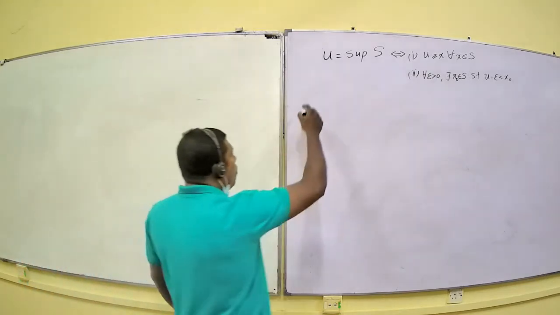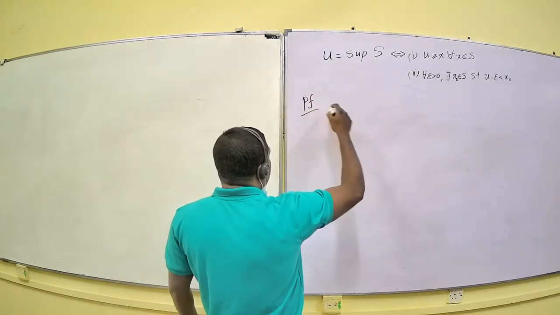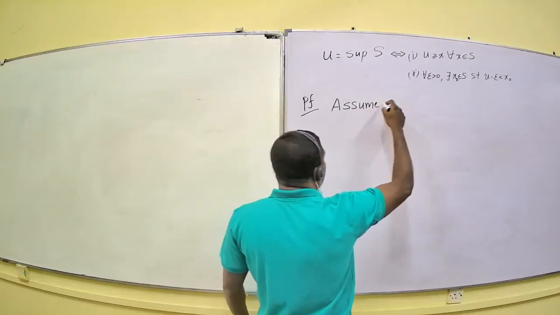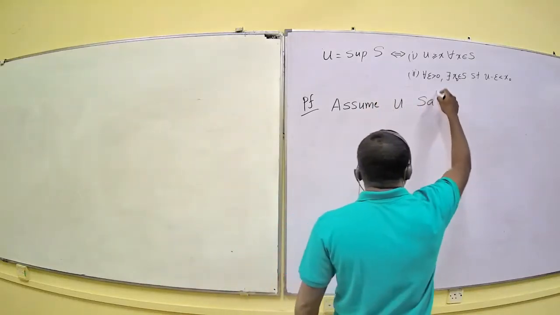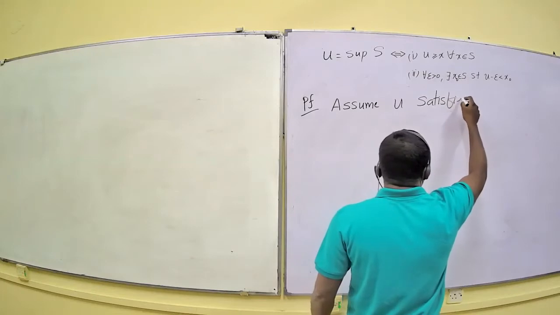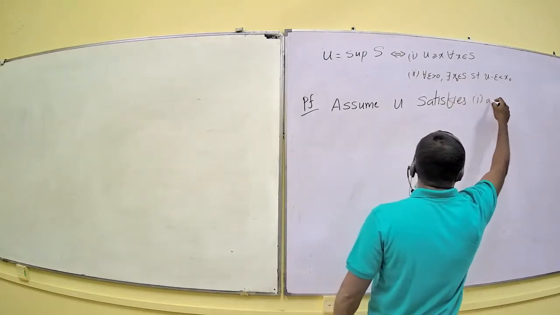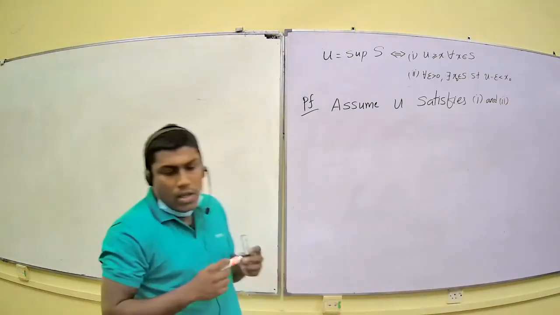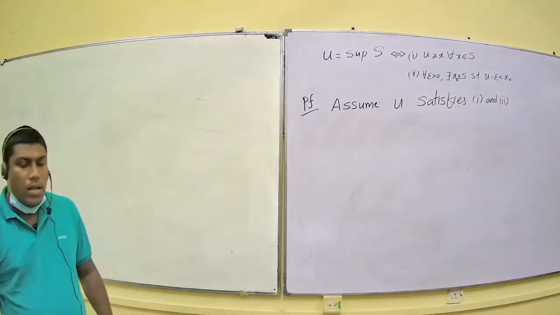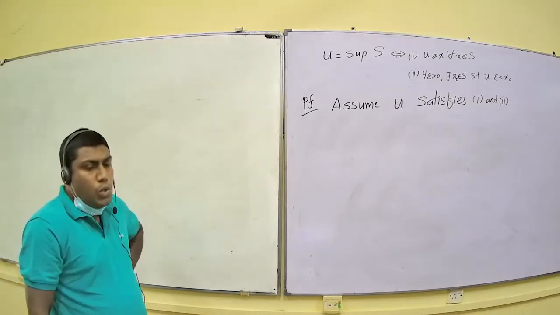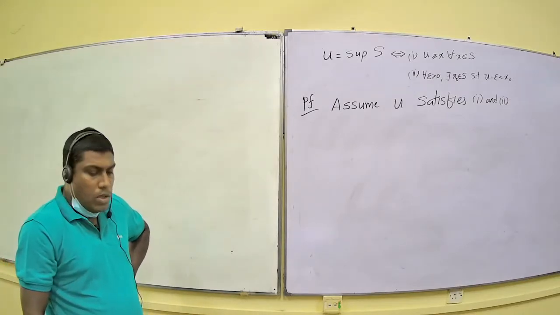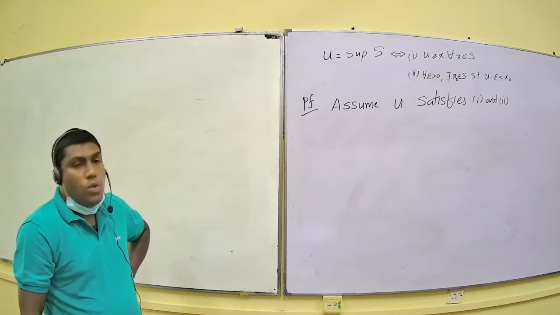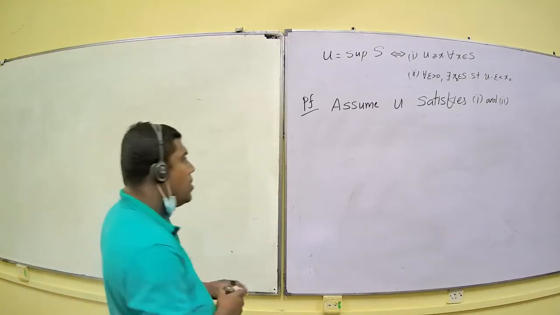Let us assume, for the proof, that the number U satisfies both the conditions, right? So we have to show that U is the supremum.